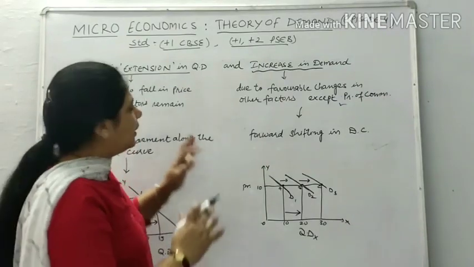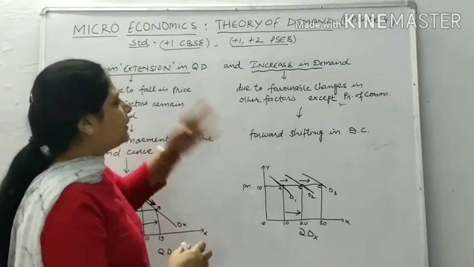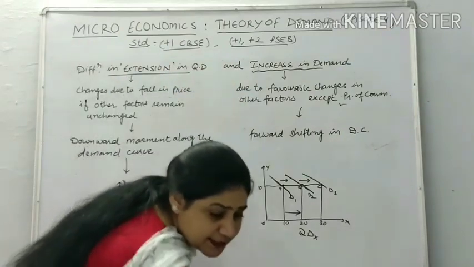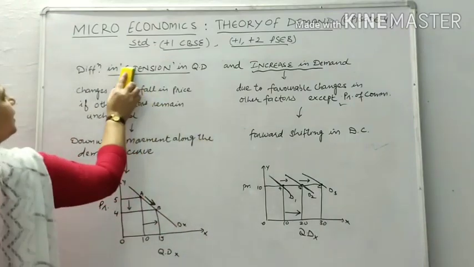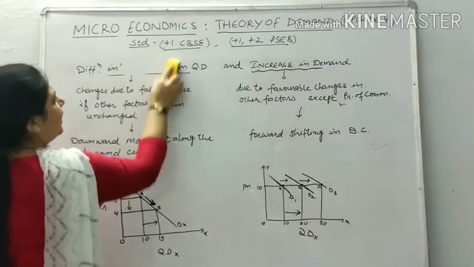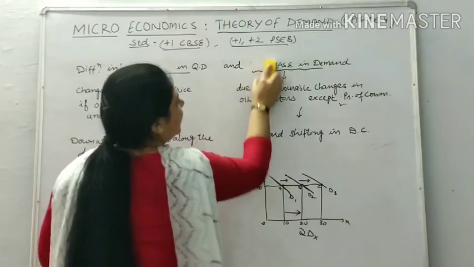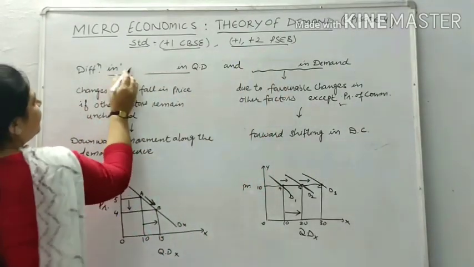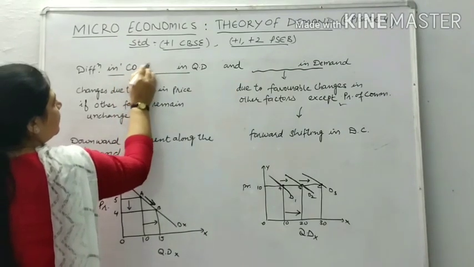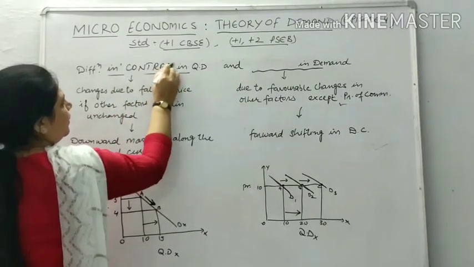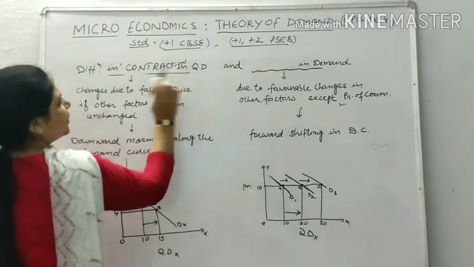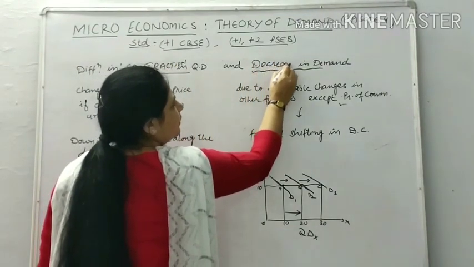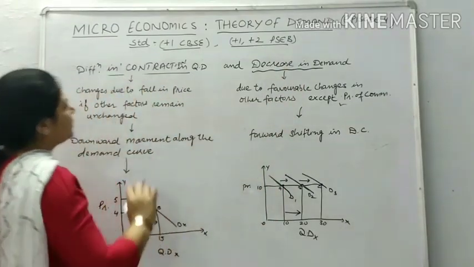Students, now I am taking the other difference, between contraction in quantity demanded and decrease in demand. We can show it exactly like this, only we have to make a little bit of changes.